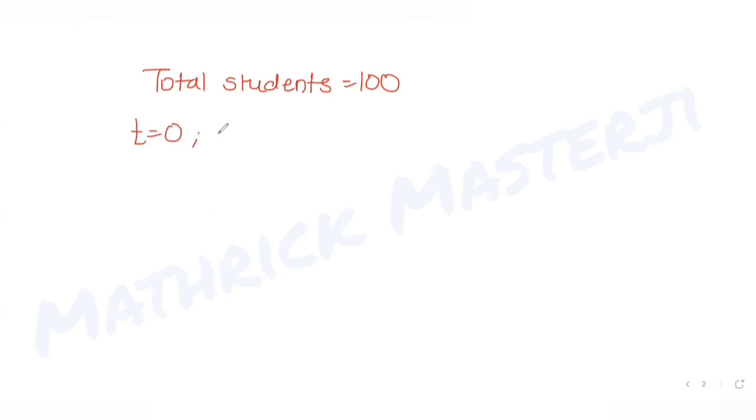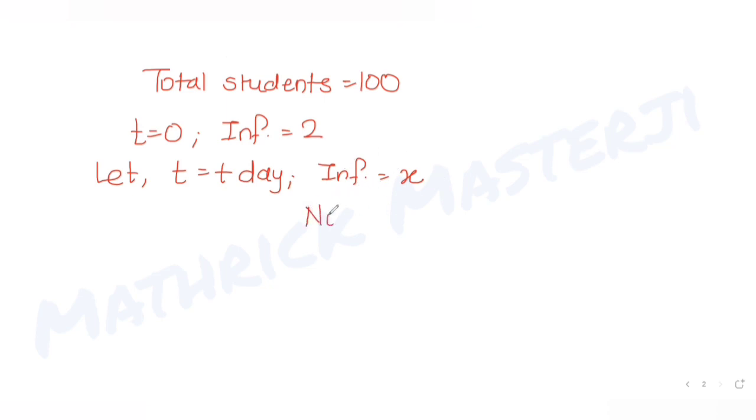At time t equals 0, the number of infected students is 2. Let's assume at any day t, the number of infected students is x. Since the total is 100, out of which x are infected, the number of non-infected students becomes 100 minus x.